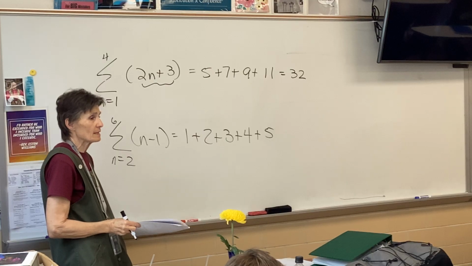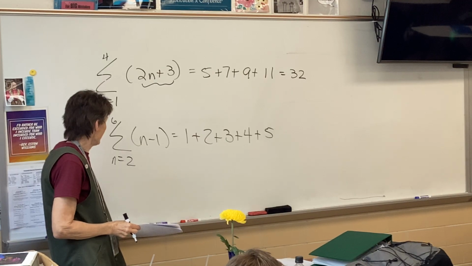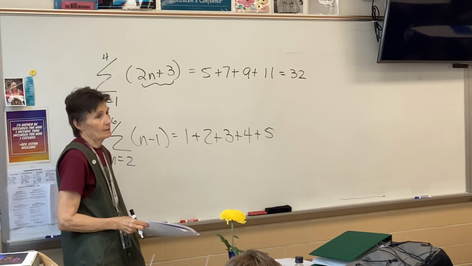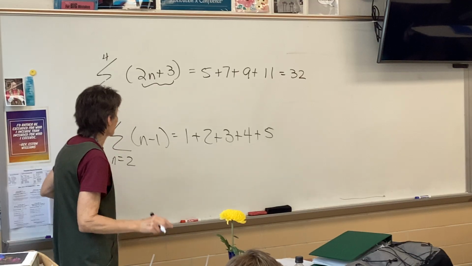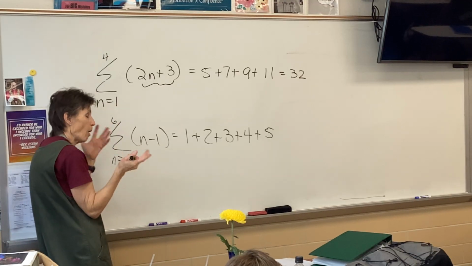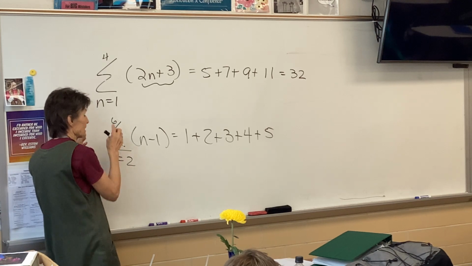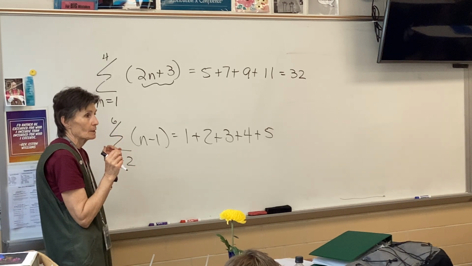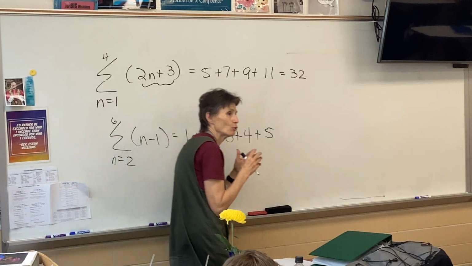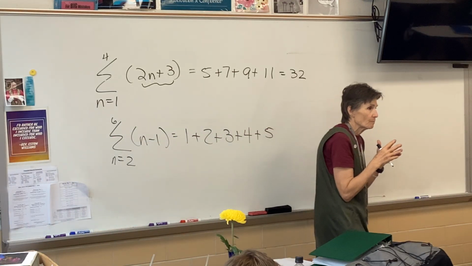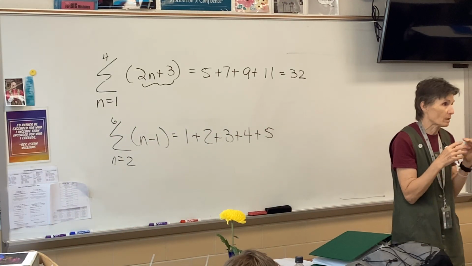Now, one thing that is often confusing to kids is when we see we're going from 2 to 6, and I'll say, okay, how many terms is that? People will just subtract and say 4.